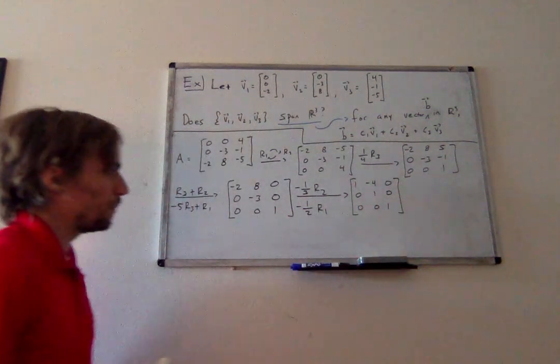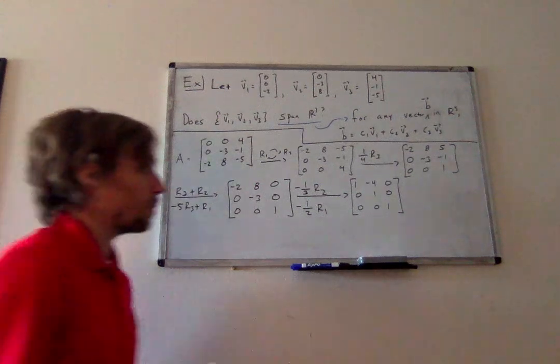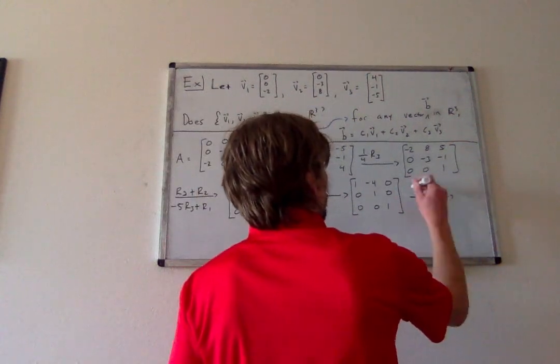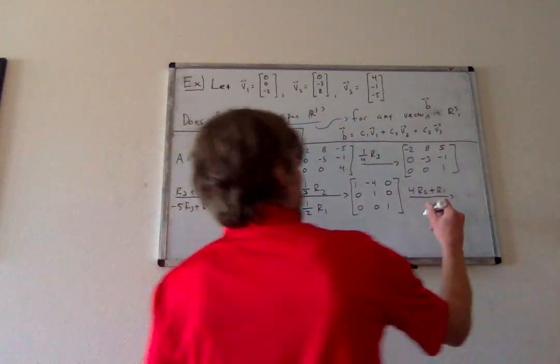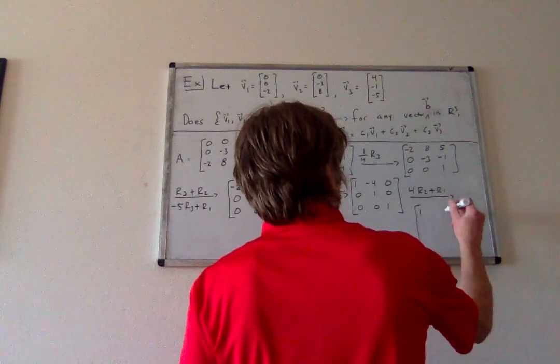Make that matrix. And now it's just one more step, and I've got this in reduced row echelon form. And I get the following matrix doing that.